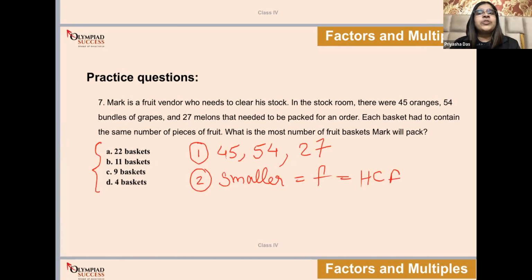We'll see which option will divide all the three numbers given over here. 45, 54, and 27 is going to create problems for 4, 11, and 22, and thus my answer is 9. 9 into 5, 45. 9 into 6, 54. 9 into 3, 27. And therefore, such an easy way to calculate the answer, isn't it?